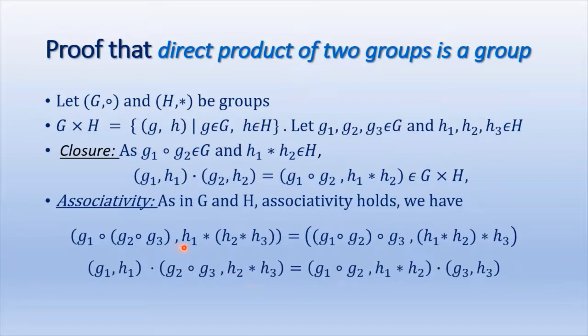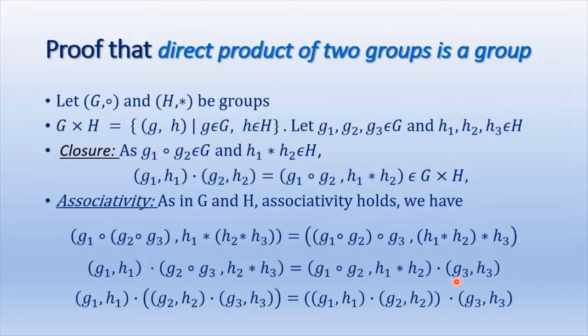Now, by the definition of dot, you can write (G1, H1) separately and write this together. Similarly, here the first element is fixed, so collect G3 and H3 separately. As a result, associativity holds in G cross H also.